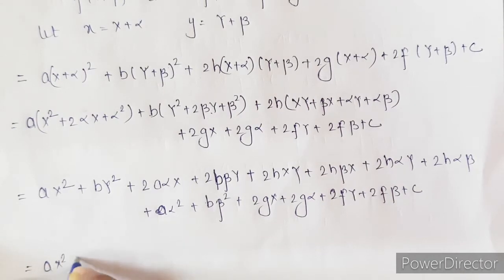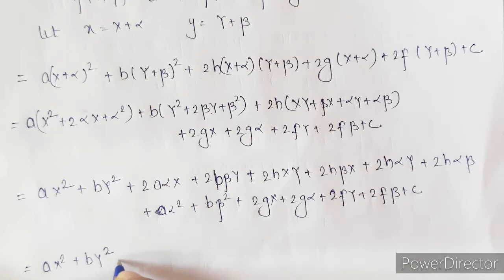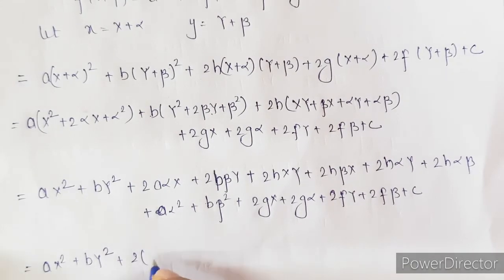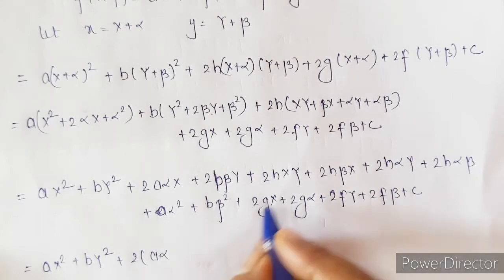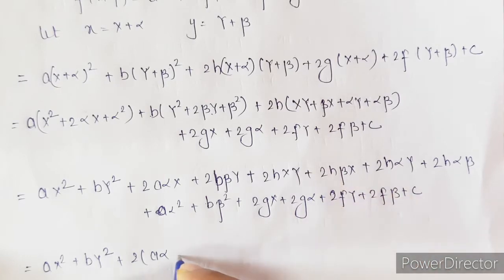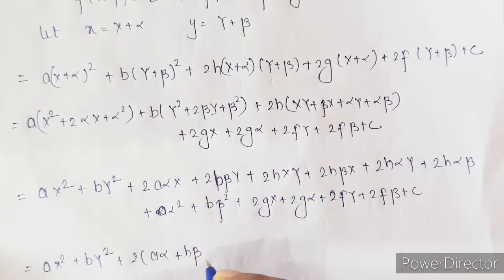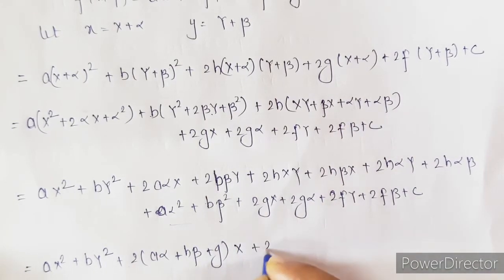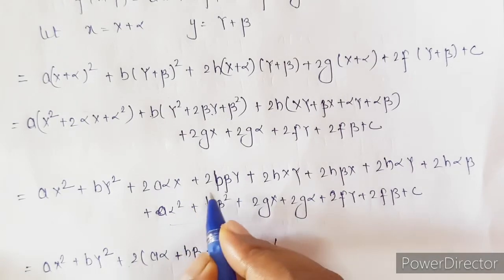So let's rearrange this again. Let's take all the x terms first. So taking 2 common, we have here aα, then this is hβ, next is going to be g, because we have taken 2 common. Next 2 times, let's take y terms.